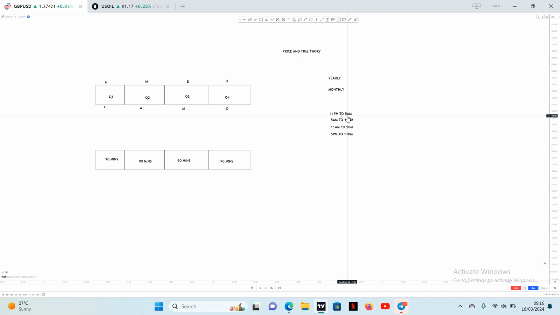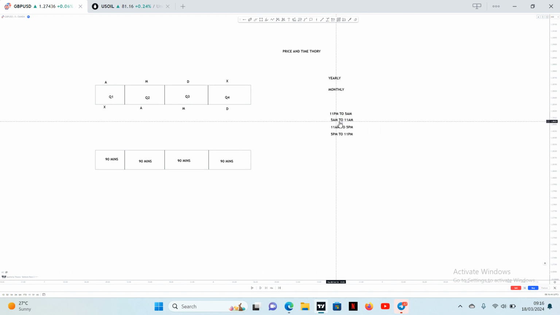Now the second quarter will start from 12:30 a.m. London time to 2 a.m. London time. That 12:30 a.m. is the true opening of the Asian session. So that is where you pay attention, for people that trade opening prices.